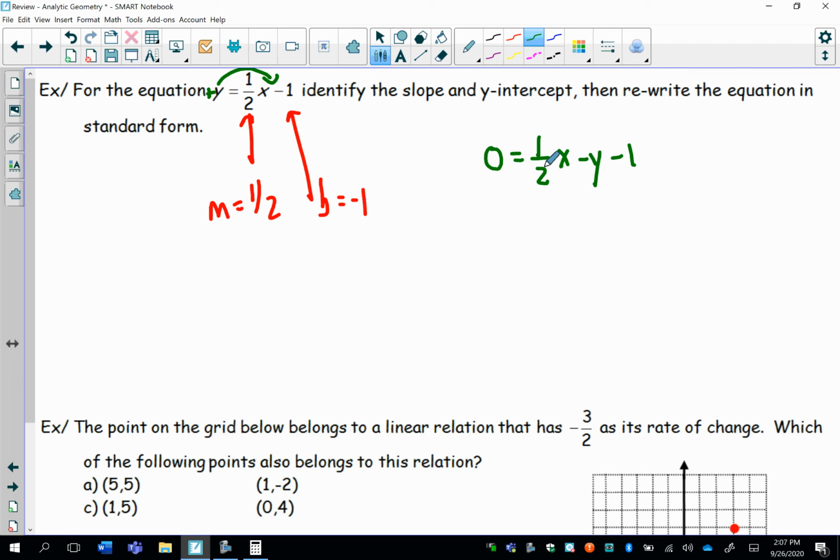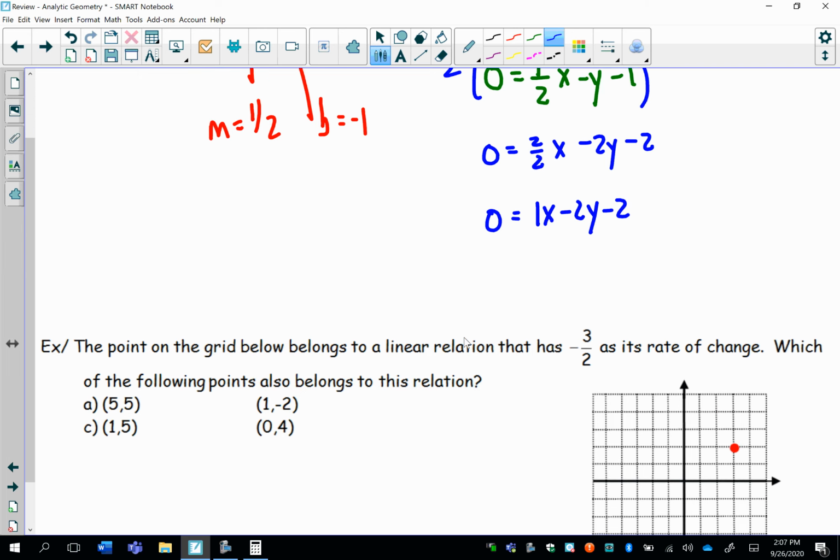It's positive. The only unfortunate part is we got this fraction. We can get rid of that by multiplying by the common denominator. 2 times 1/2 x, 2 times y, 2 times 1. Still got a fraction, but now that fraction works out quite nicely. There's no more fraction. There's standard form.